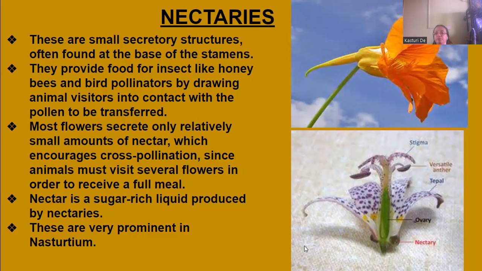See from the picture, the nectar is here. And when the insects or the animal get inside to take the nectar, the androecium, the anthers, get attached, the pollen grains attach to the body, and when they visit another flower, they drop the pollen grain on the stigma and thereby pollinate the flower.